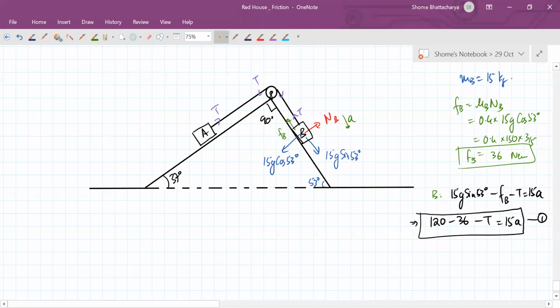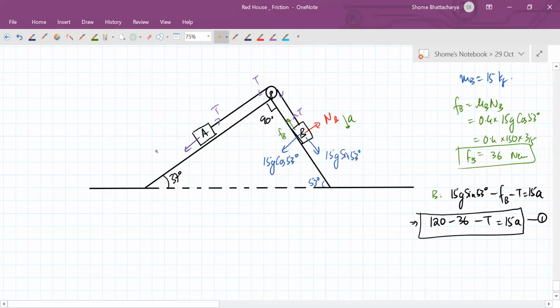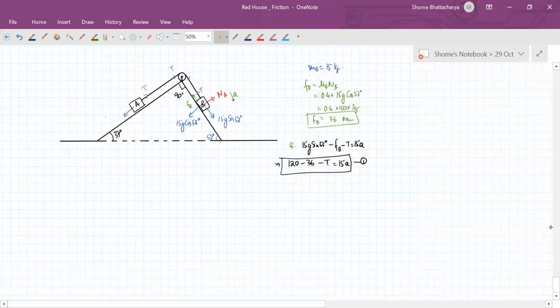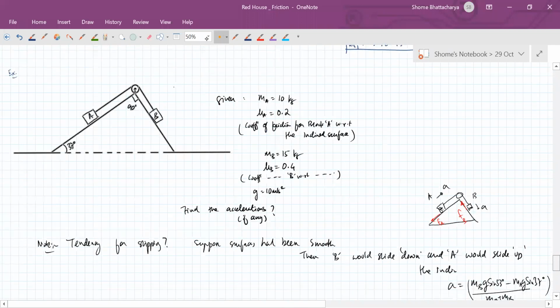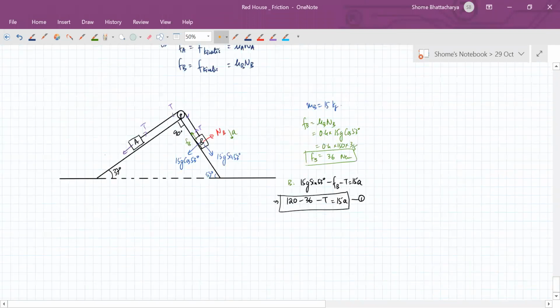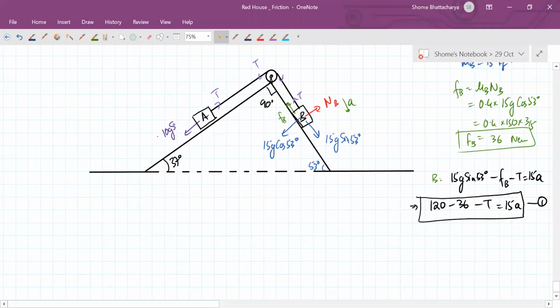Now similarly for A, you can see the forces. The mass was 10 kg, and the coefficient was 0.2.